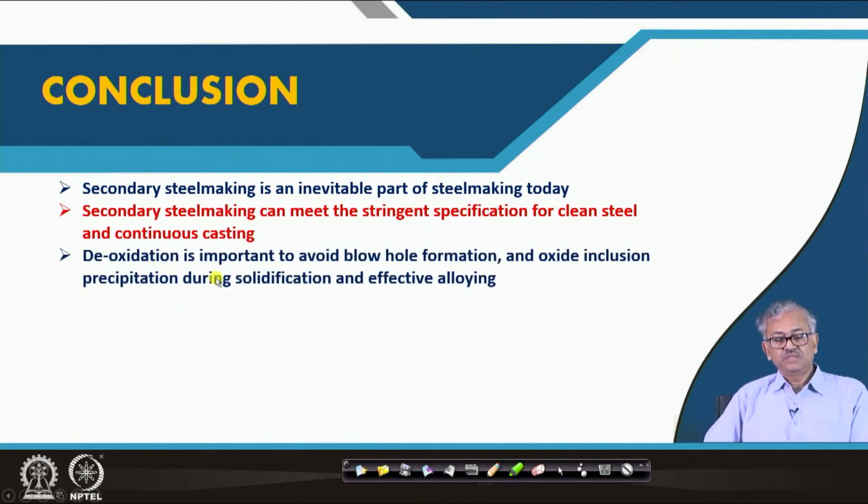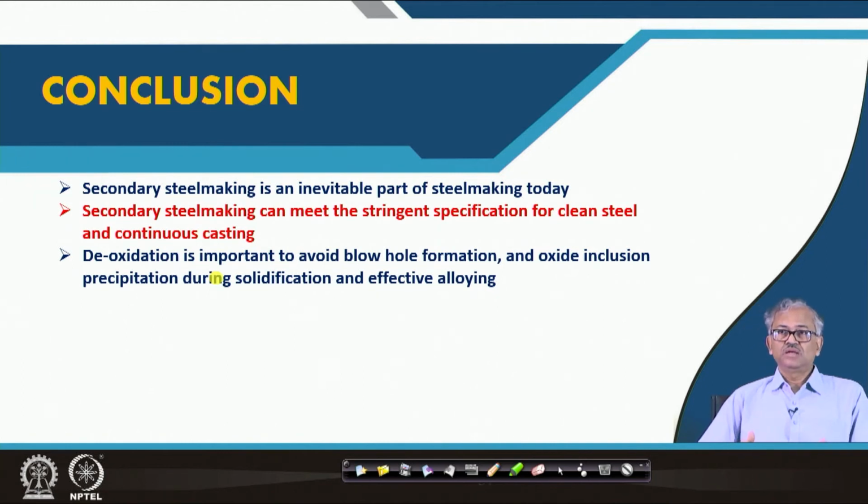Deoxidation is important. We have talked about it in this lecture, and deoxidation is very important because, as I said, liquid steel contains around 800 to 1000 ppm of dissolved oxygen in the bath after oxygen steel making.